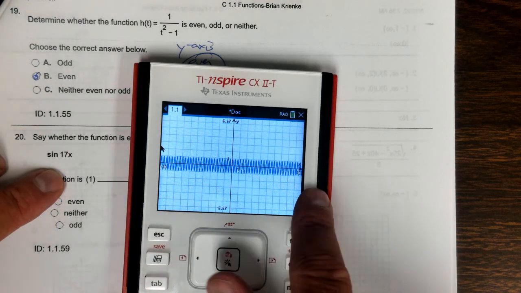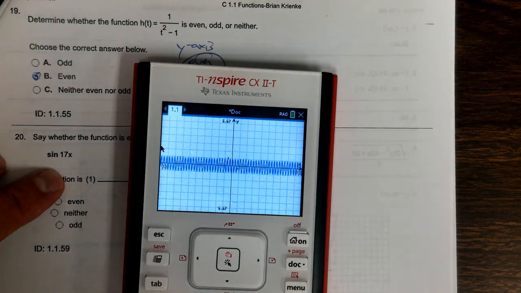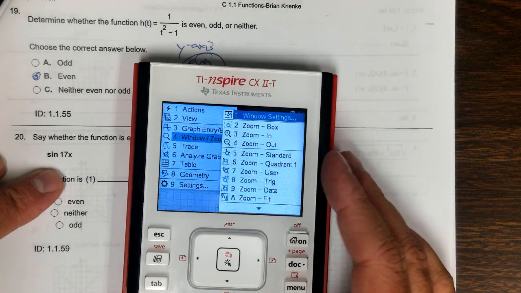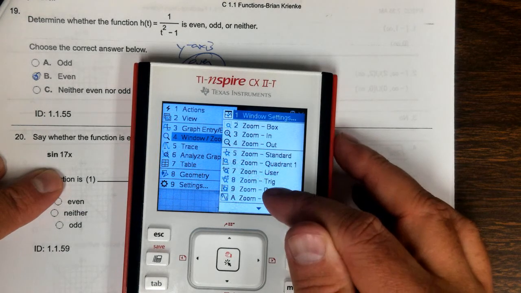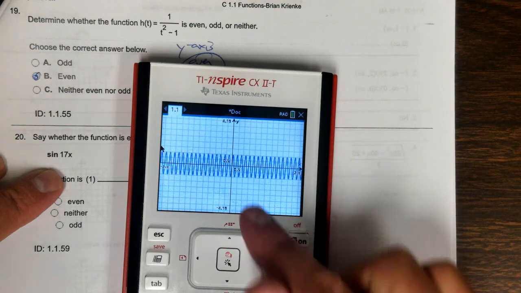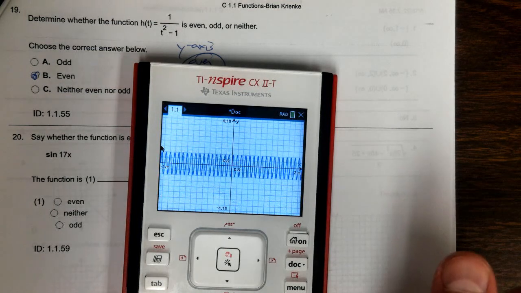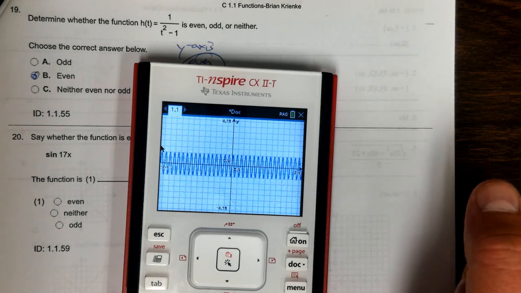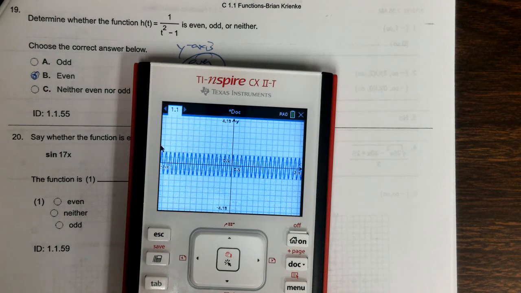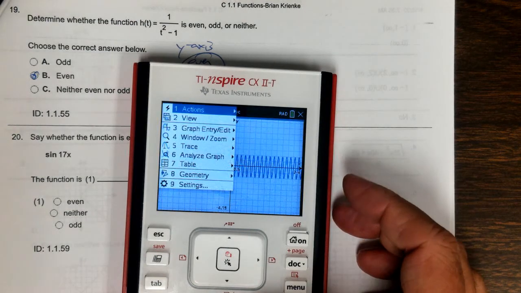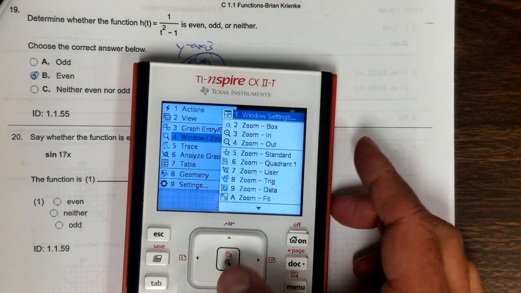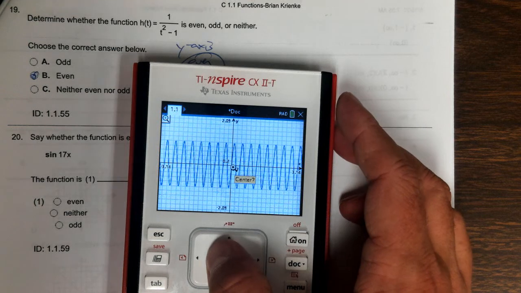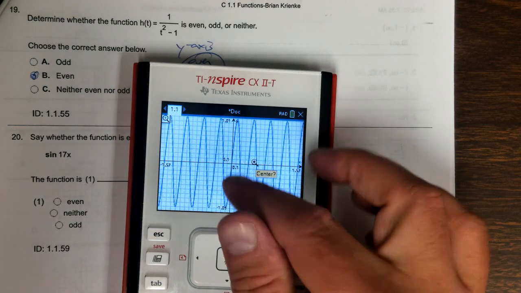Now it's kind of wild right there because of my interval, but if you go to menu window and go to the trig window, which is 8, it'll show up a little bit better. Actually, I need to really zoom in even more, because all I care about is the origin. So if I go to menu and then 4 for zoom, and I want to zoom in, put a plus there a couple of times. Okay, now I can see it.